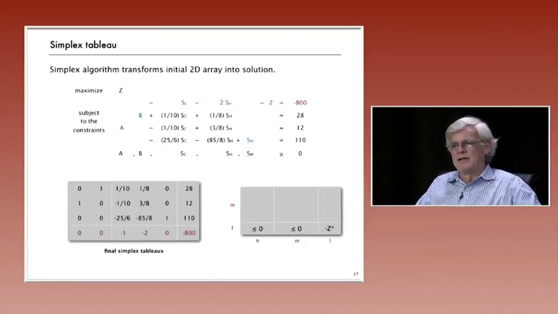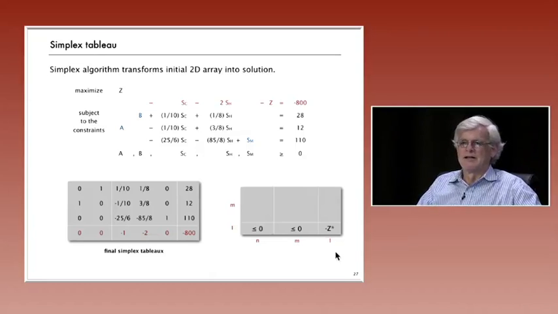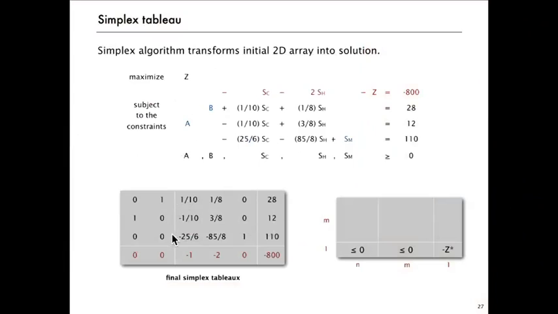So the idea is that when we run the algorithm, all we're doing is transforming a few entries in this array, and when we're done, this is the representation of the equations that we ended up with before, and immediately they tell us the value of the objective function.